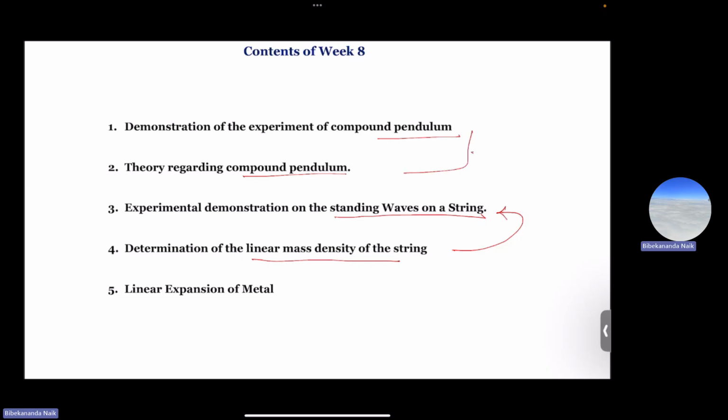And these two are correlated. Then theory regarding linear expansion of metal was also discussed in this week's content. So we will be solving a few problems.